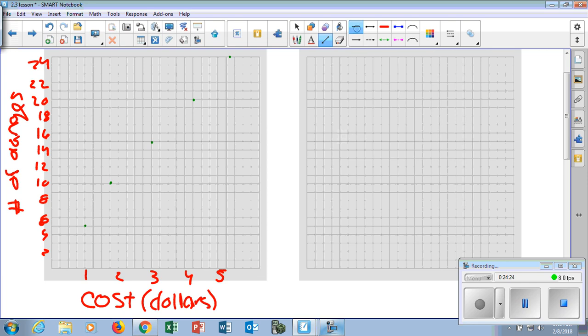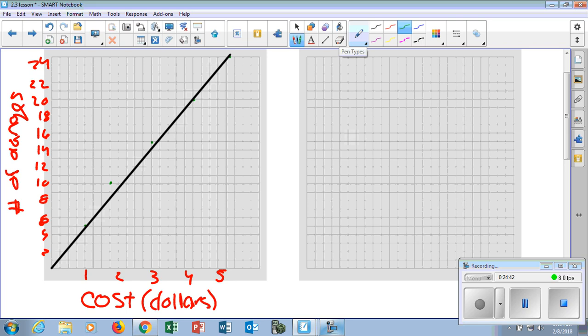Get green. If I draw, let's see how nice I can get this line. Oops, I put my green dot in the wrong spot. That's why 2 should be here. Okay, so there's our line. If I go over here, I can do the same thing.